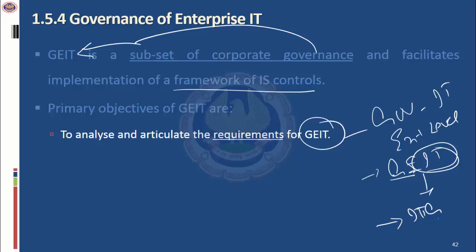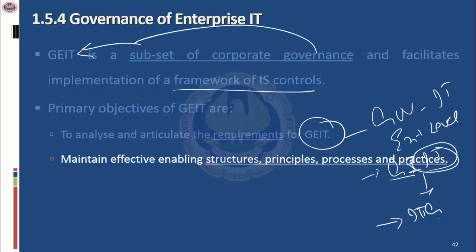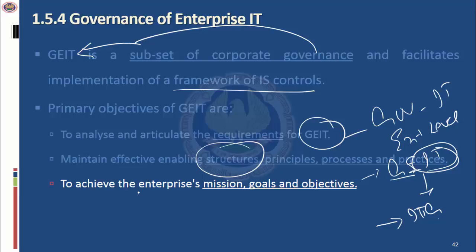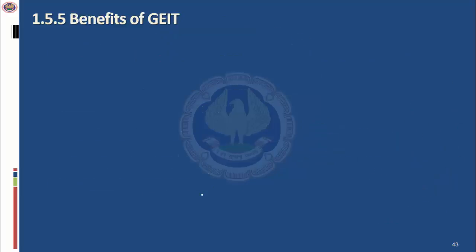So remove IT, and the enterprise will not be able to work. If that is the case, that enterprise requires not just IT governance, it requires governance of enterprise information technology. When you talk about governance, we talk about structures. You also need to have the principal processes and the practices. And fundamentally, it's about achieving the goals and objectives as per the mission or the vision of the enterprise.